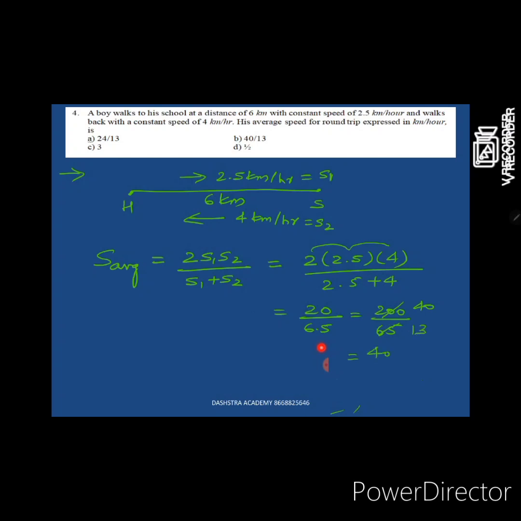So my correct answer should be 40 by 13 kilometer per hour. So my correct option should be option B. I hope this is clear. Simple question. You just have to remember this shortcut formula, if the distance is same, right?